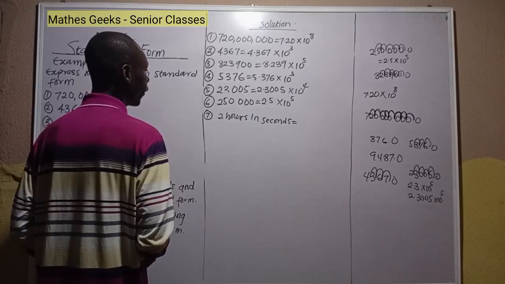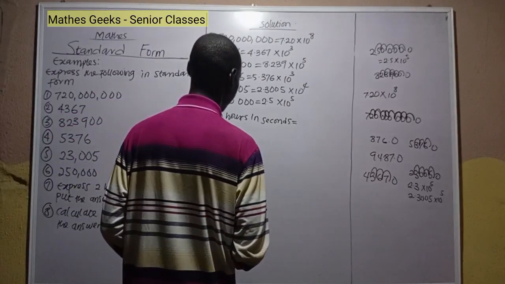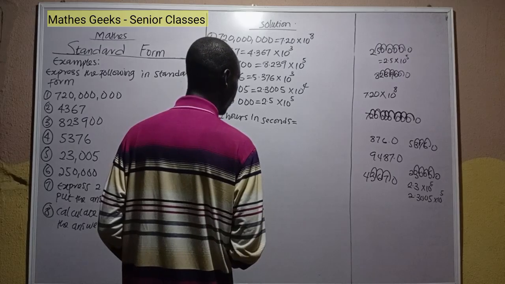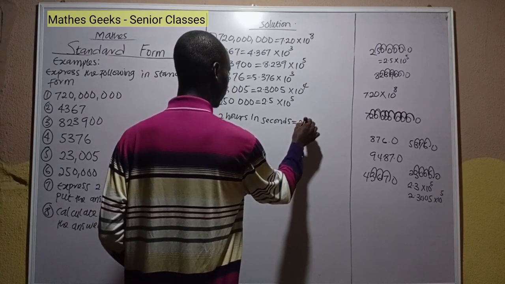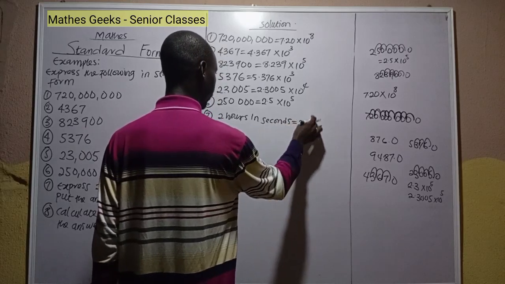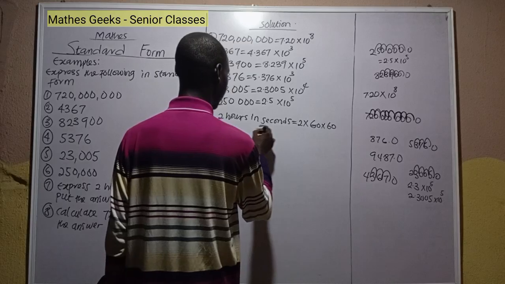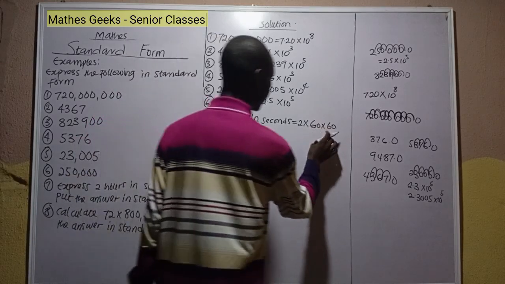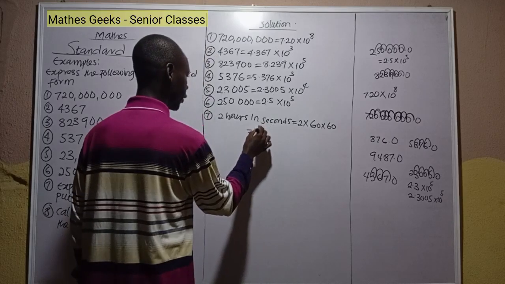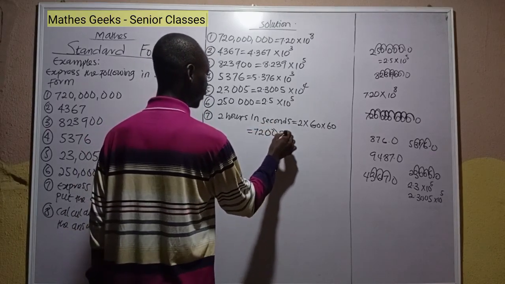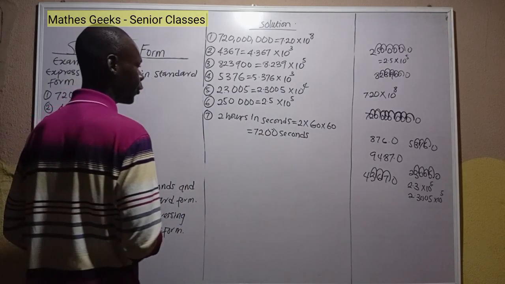That will give us 2 hours, times 60 minutes per hour, times 60 seconds per minute. So in 1 hour, it's equivalent to 60 times 60. So 2 times 60 times 60. And 60 times 60 is 3,600, times 2 is 7,200. 7,200 seconds. This is the value in ordinary form.